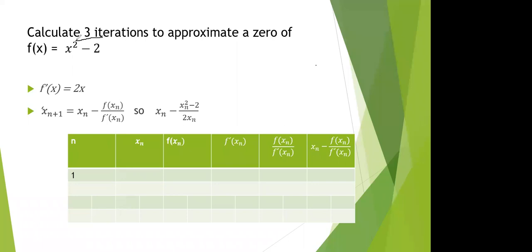So we want to approximate the x-intercepts or the zeros of this function. Can somebody right now tell me what the zero is without using a calculator or anything else? What is the zero of this function? Everybody should be able to tell me. Plus 2. Good guess, but that's wrong. It's okay. I want you to be wrong because you can't learn unless you make this mistake. 2 is a good guess, but it's wrong.